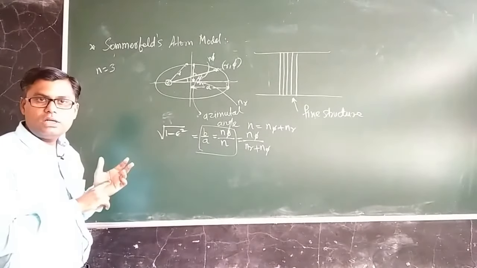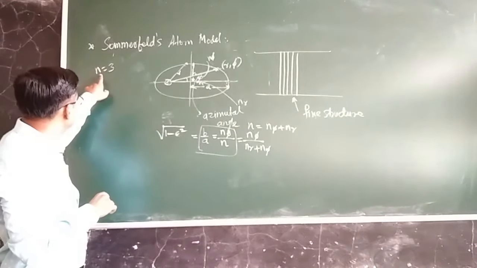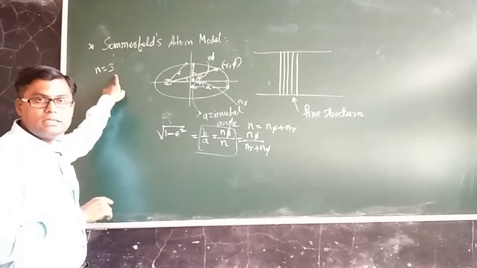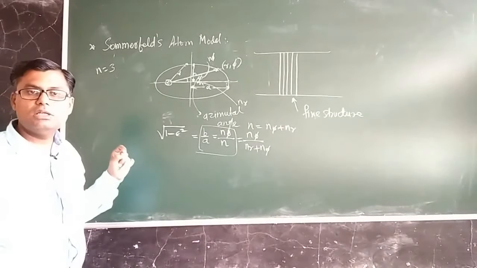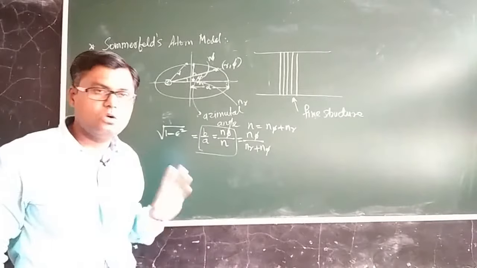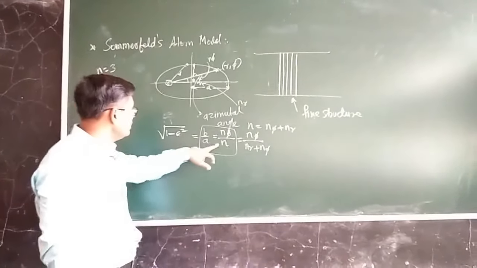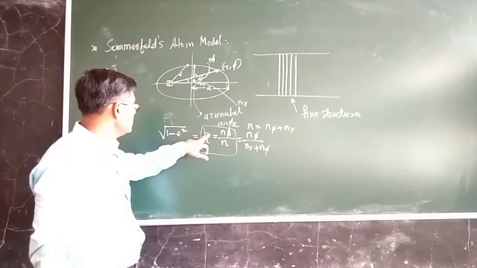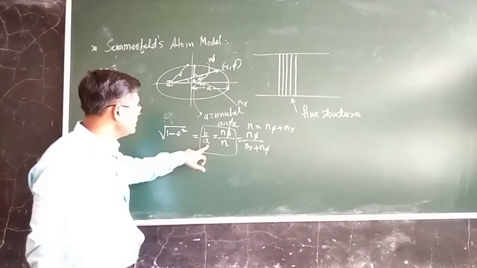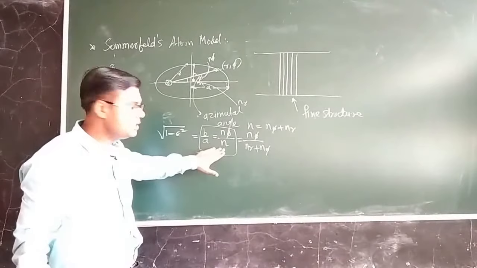According to Bohr, the energy level corresponding to n equal to 3 has a single value. There should be only one energy possible according to Bohr. According to Sommerfeld, the relationship between the quantum numbers and the ratio of the semi-minor and semi-major axes is given by this equation.